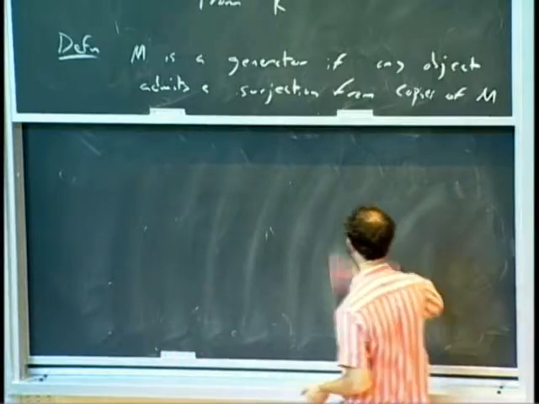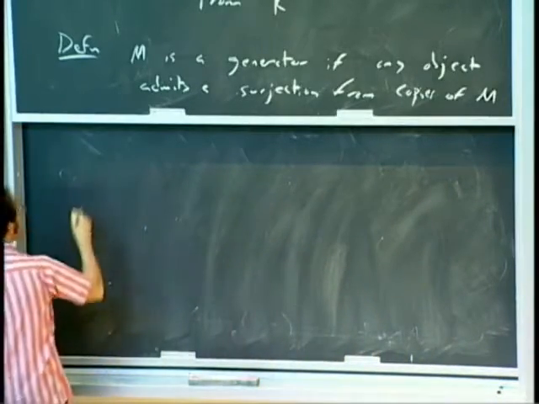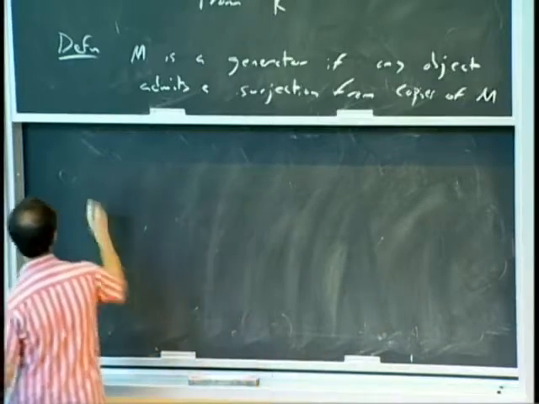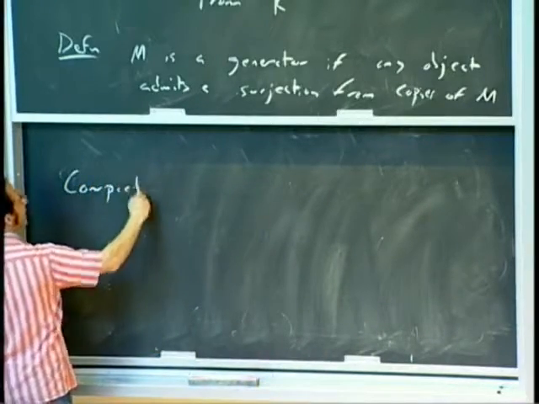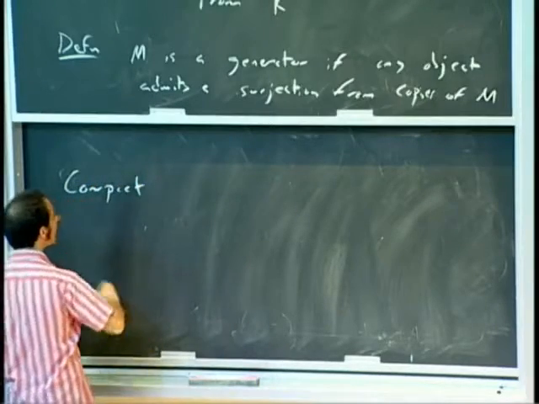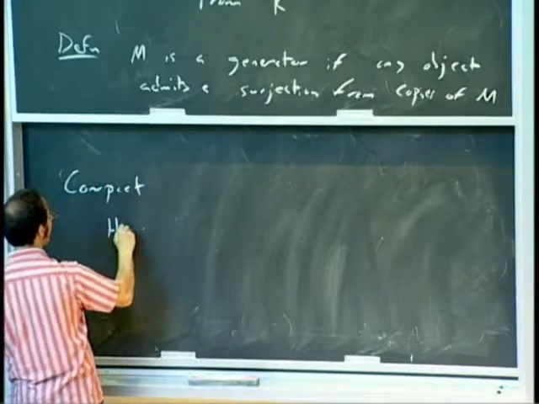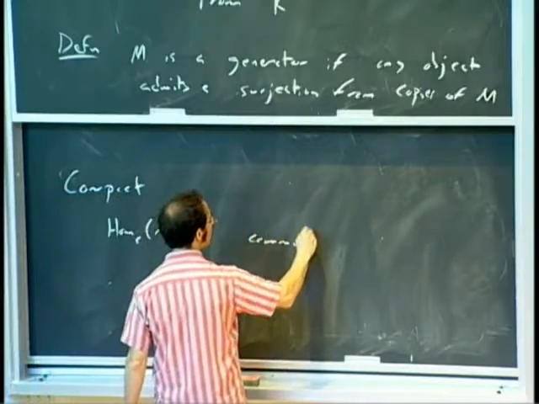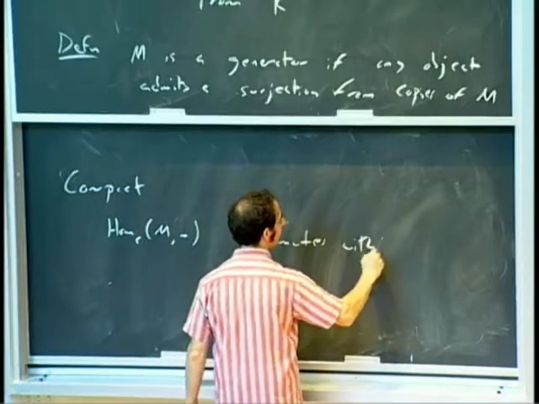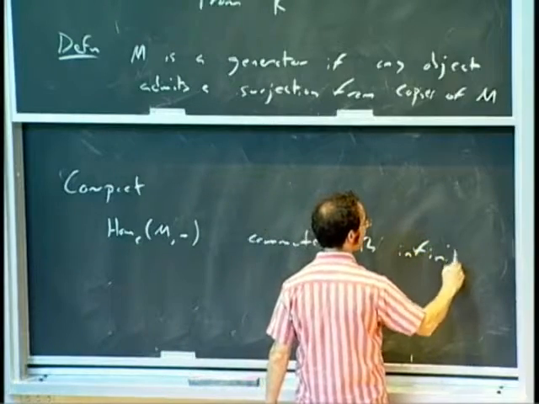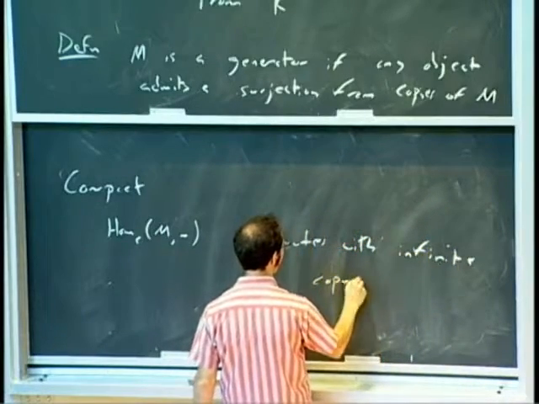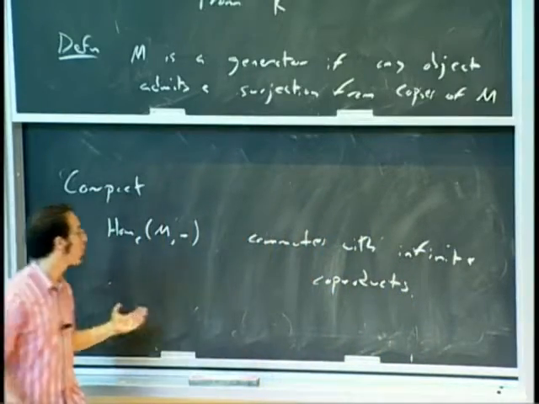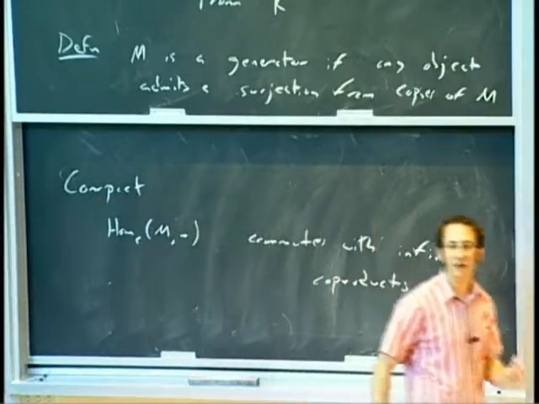And what does compact mean? We used a fact like this yesterday, I think. You might wonder what compact means algebraically. Compact means that Hom_C(M, -) commutes with infinite coproducts. Really you might say it commutes with filtered colimits, but in this context, this is enough.